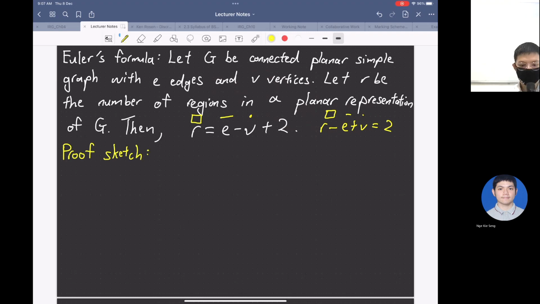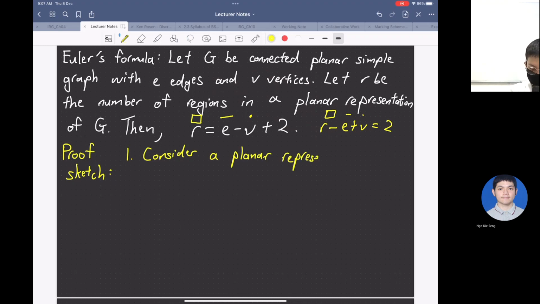Okay, proof sketch. Let us start with a planar representation of G. Because it's planar, we can find a planar representation of G, like what we did last time.